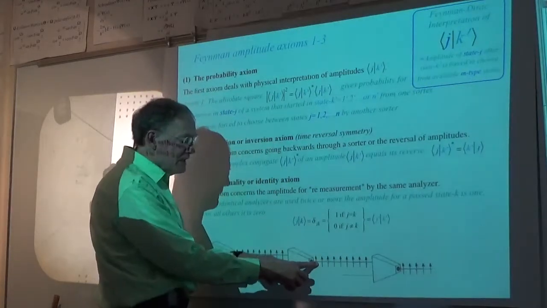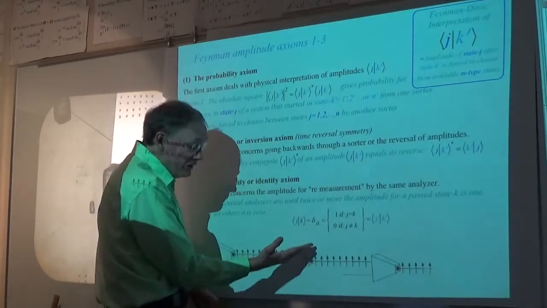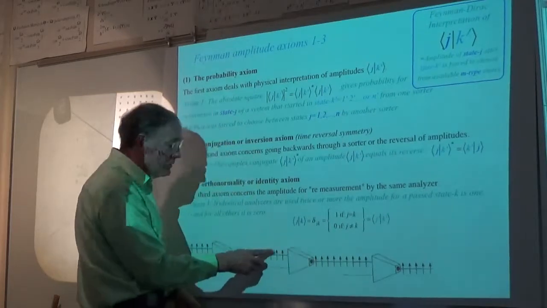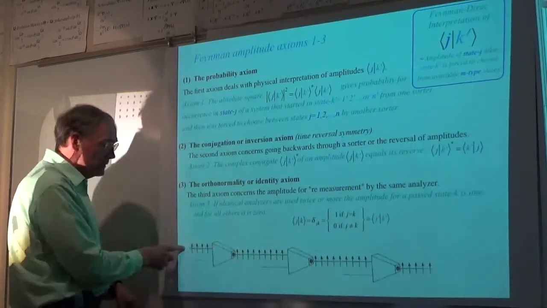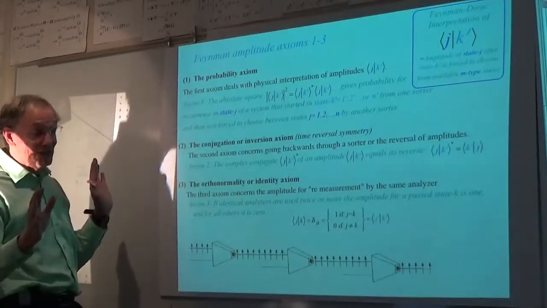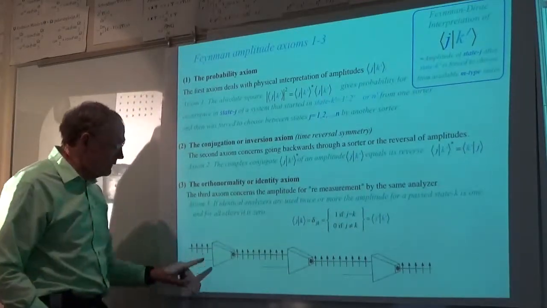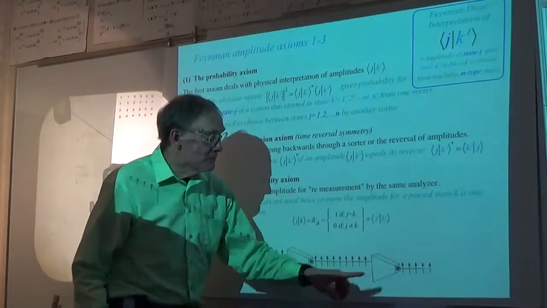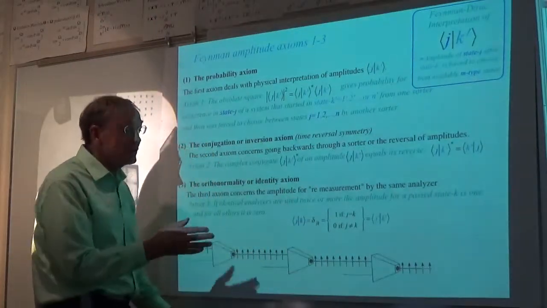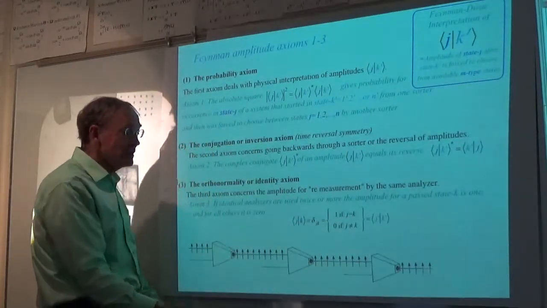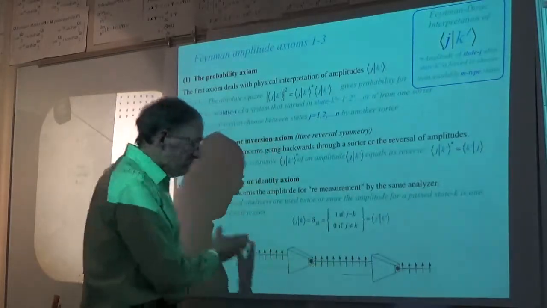If I check it again with the same analyzer, not one that's tipped, they're all going to take the top row forever. No matter how many analyzers, these are perfect analyzers, so nothing gets lost. Nothing ever comes out of the bottom doors, or if it's a multi-dimensional system, nothing goes to other states. Once you've polarized, it's good forever.